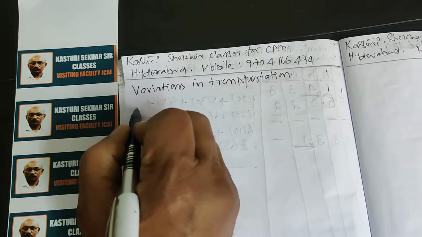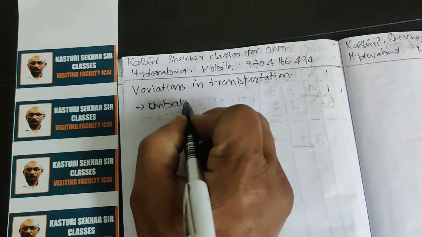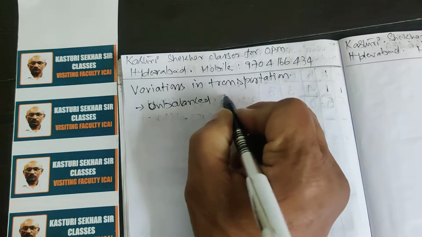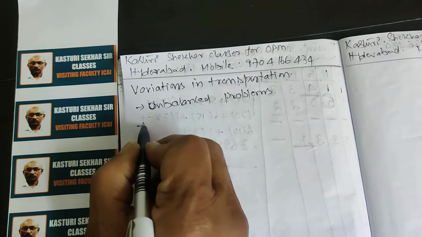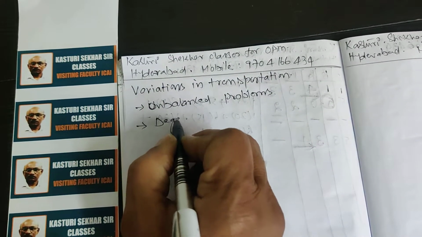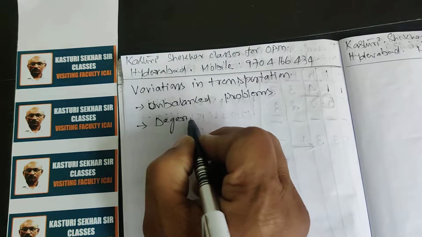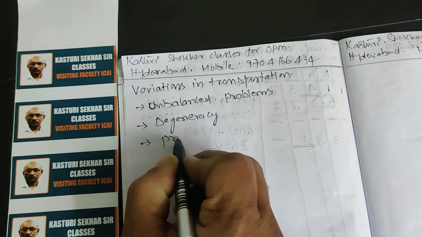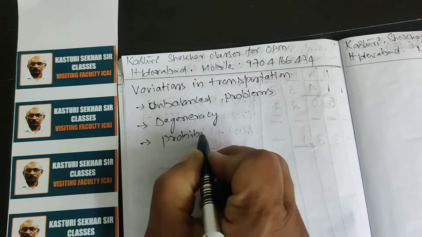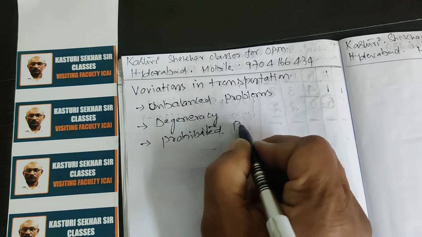We have unbalanced problems, second one degeneracy, and prohibited routes.